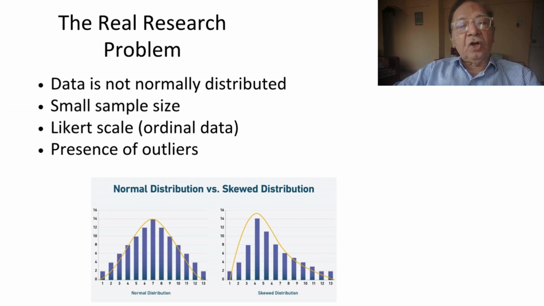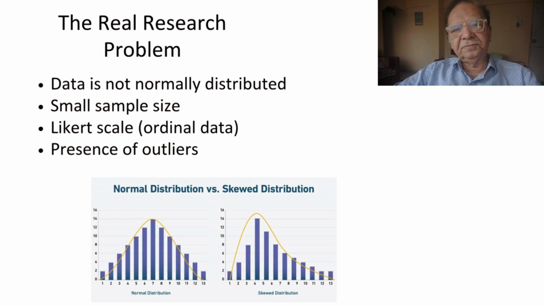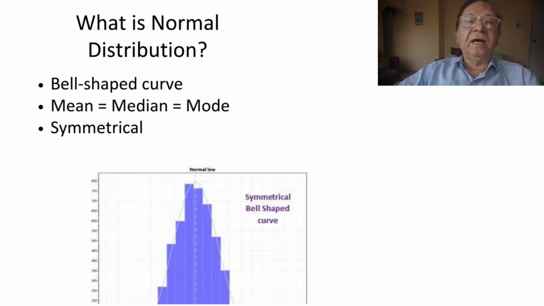Before we understand non-parametric tests, let us first understand the problem. Most traditional statistical tests, what we call parametric tests, are based on certain assumptions. One of the most important assumptions is that your data should follow a normal distribution.